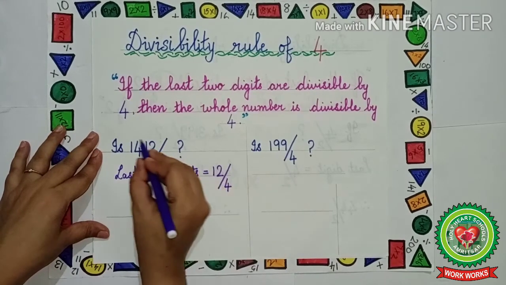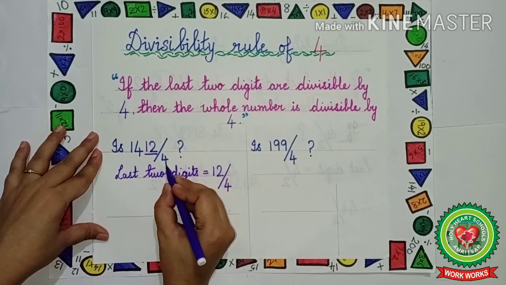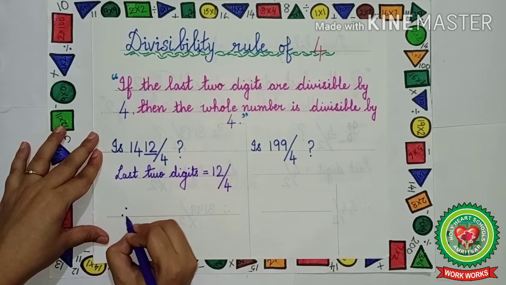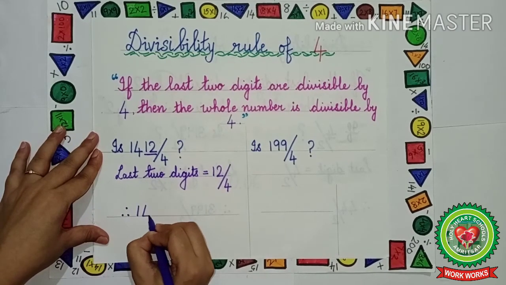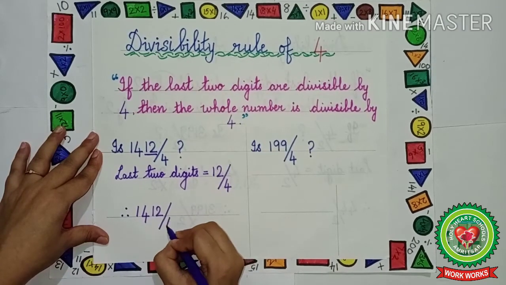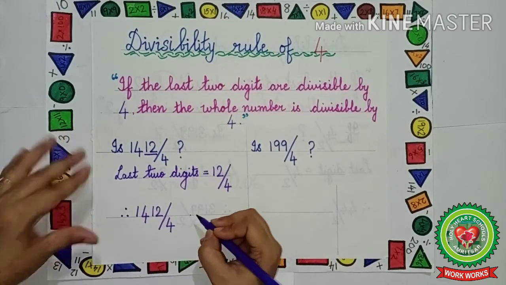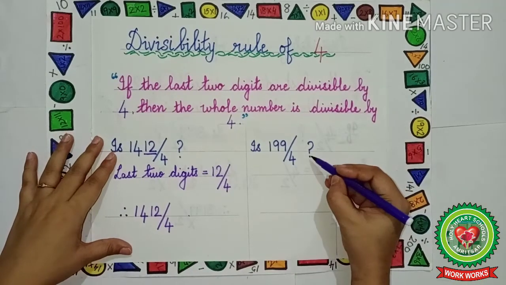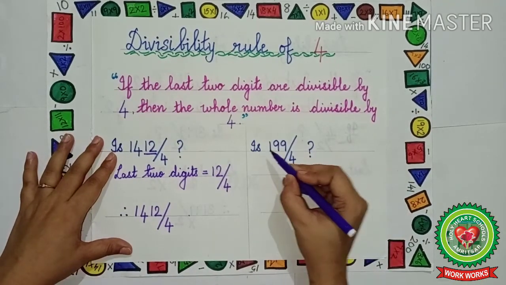So, according to the rule, the whole number is divisible by 4. Therefore, 1412 is divisible by 4.